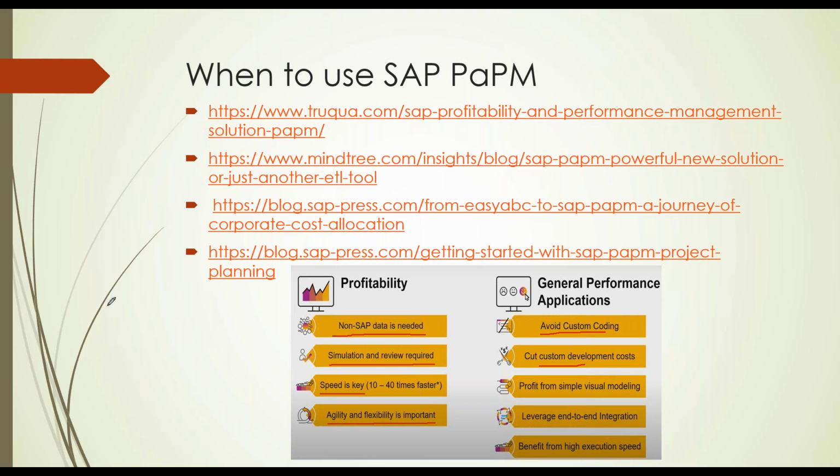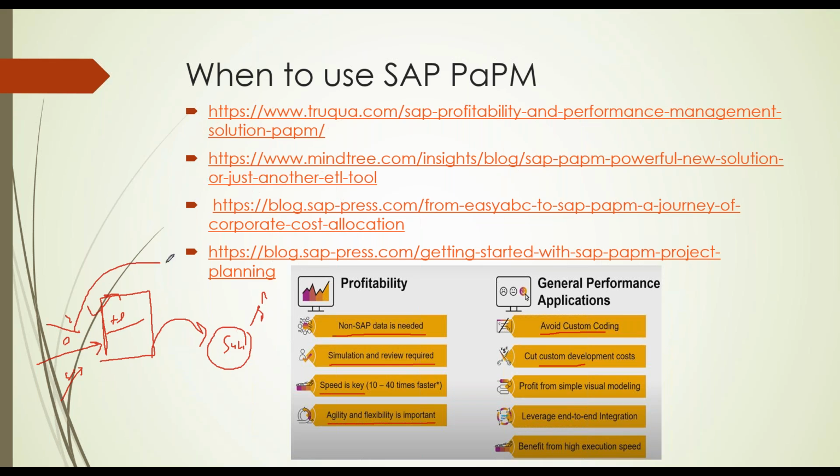So the current projects that I've been working with, their scenario is like they have some system, let's say called Hyperion. They were doing allocation, but source data was coming from PeopleSoft, also from Hyperion, and some ECC system. So my scenario was slightly different. What they want is to migrate this complete allocation process to an S4 system that they have and install PAPM.